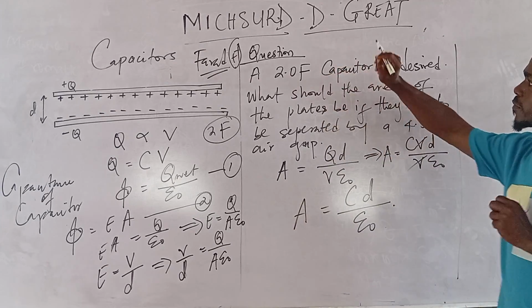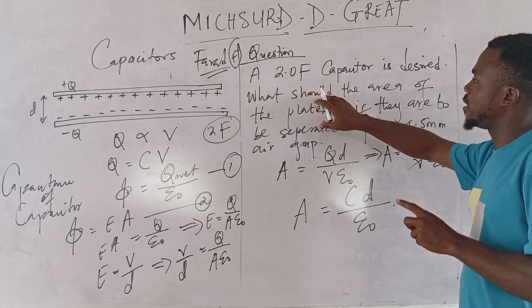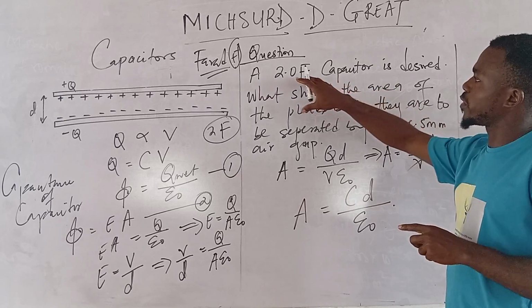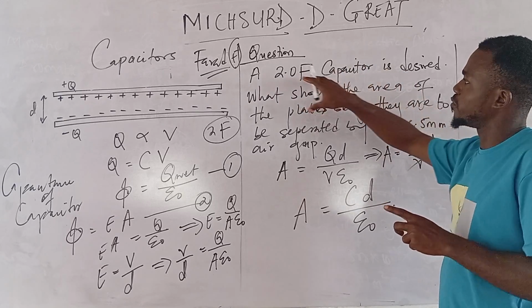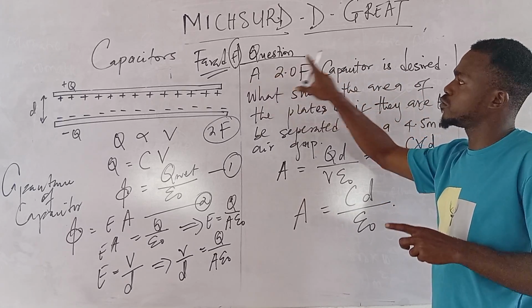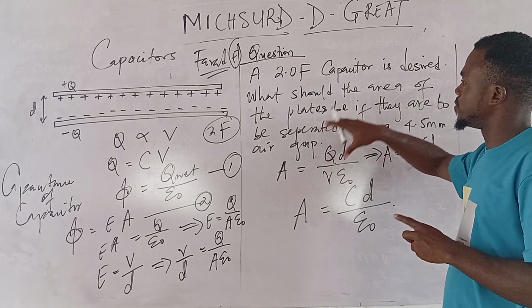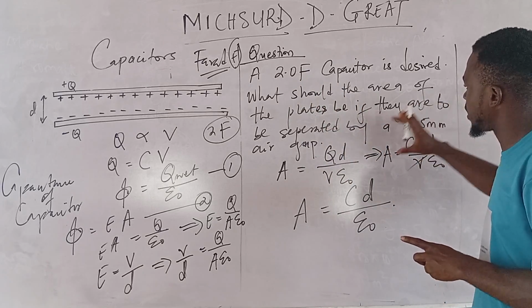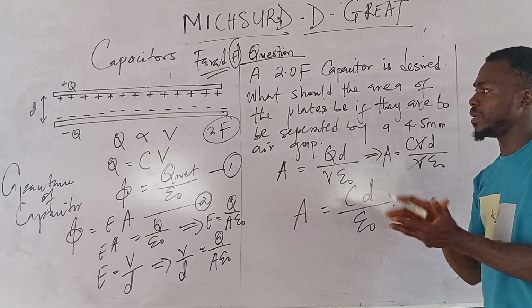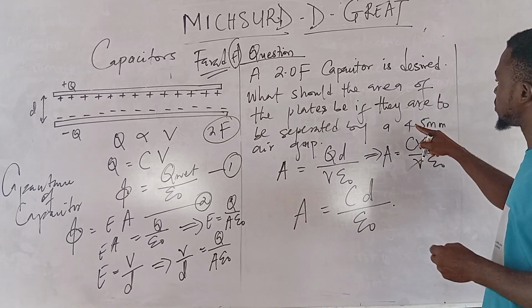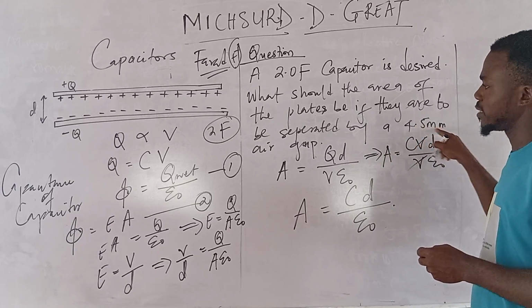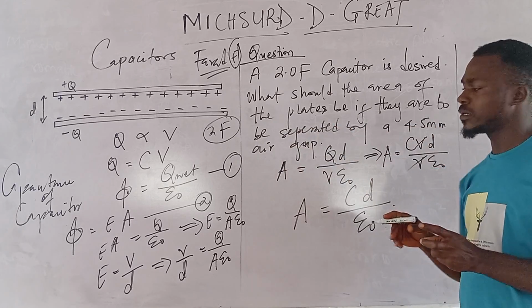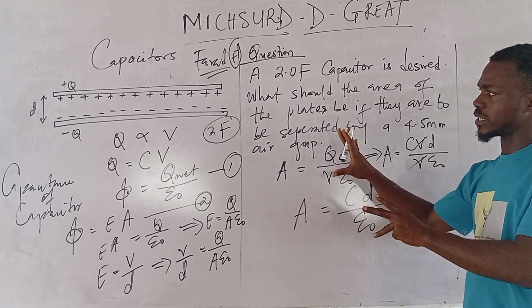The question is: calculate the area of a capacitor with a capacitance of 2 farads, where the distance of separation between the plates or conductors is 4.5 millimeters in an air gap. We use this formula to do the calculation.